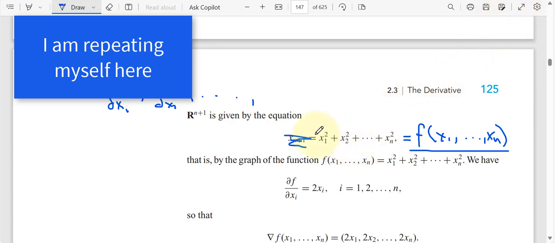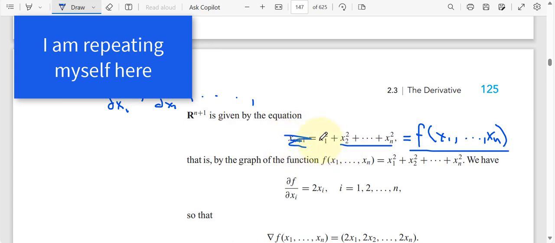What we really need to do is take the partial derivative of this thing with respect to x1, with respect to x2, and so on, all the way up to xn. That's pretty easy, because when you take the partial derivative of this whole thing with respect to x1, all this stuff is just treated like a constant, so that's just 0, and you just get 2x1.